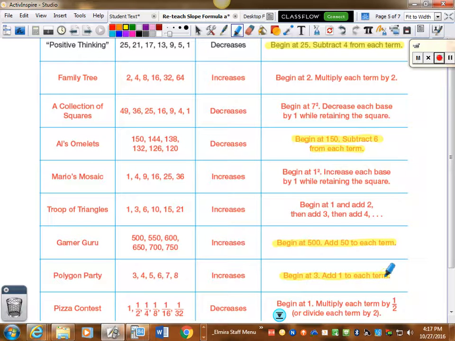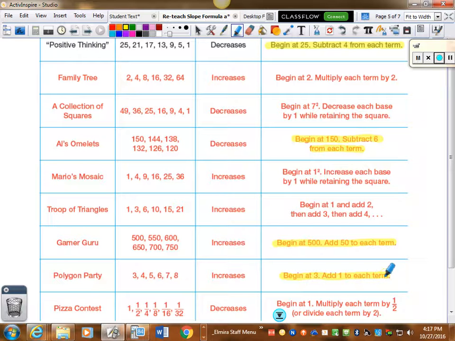Okay, what do you notice about each of these sequences?